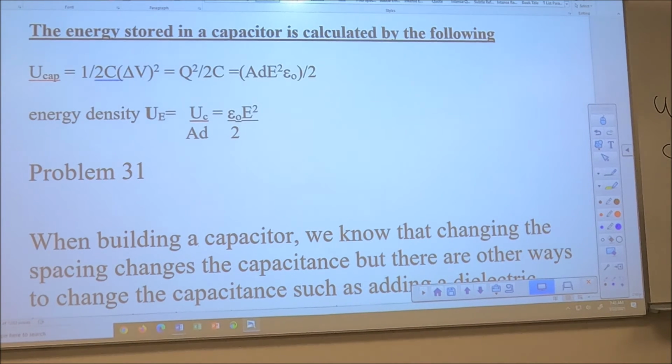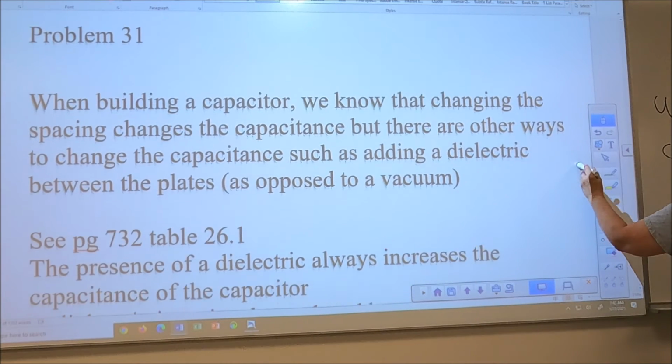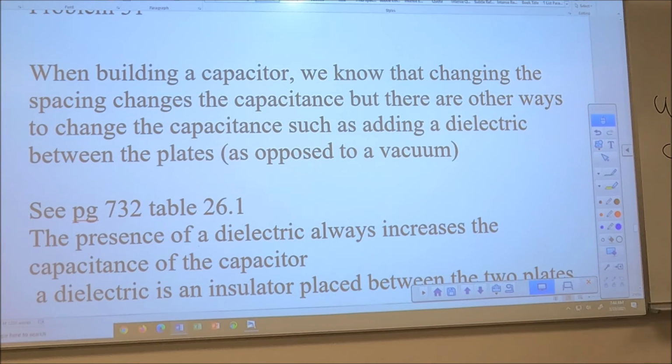Okay, now, when building a capacitor, we know that changing the space changes the capacitance. But there are other ways besides just changing the spacing between the plates of a capacitor to change the capacitance.